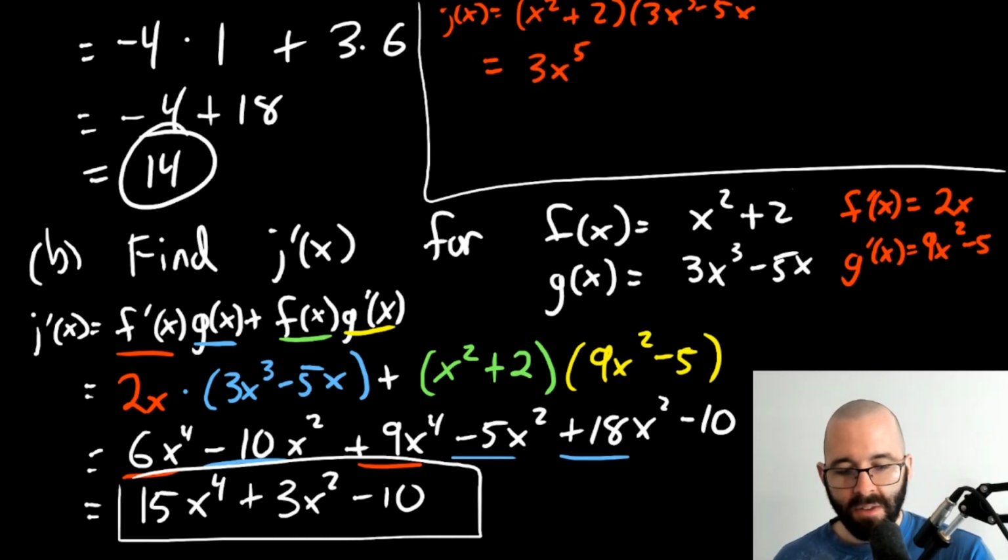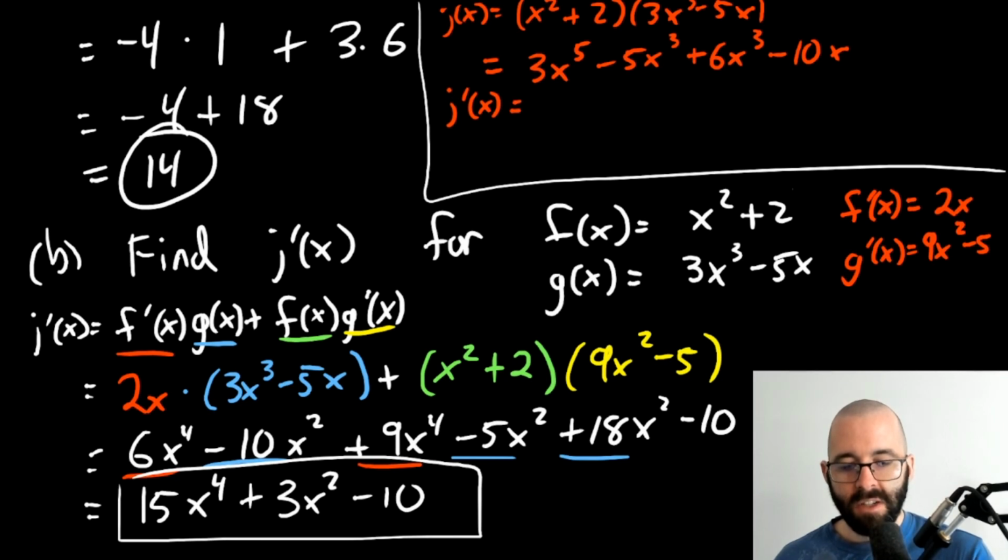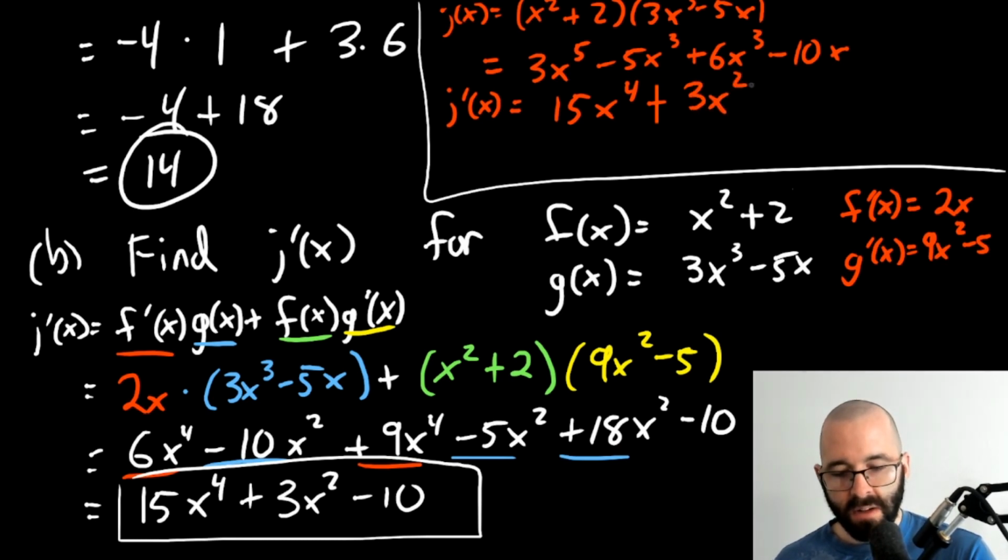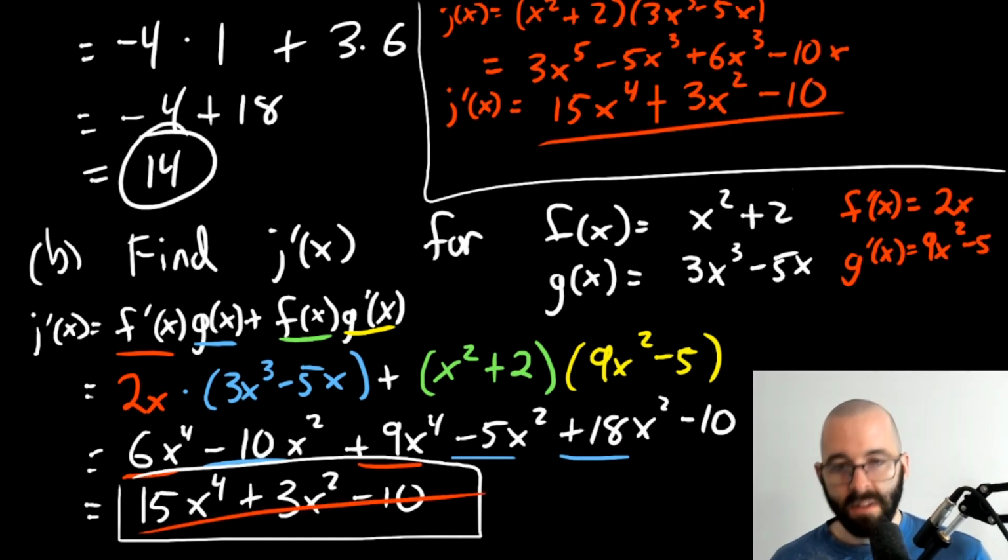It's 3x to the fifth minus 5x cubed plus 6x cubed minus 10x. So we should just be able to use the other differentiation rules to also get 15x to the fourth minus, oh, this combines to 1x cubed, which is going to be 3x squared, minus 10. So these should be the same.